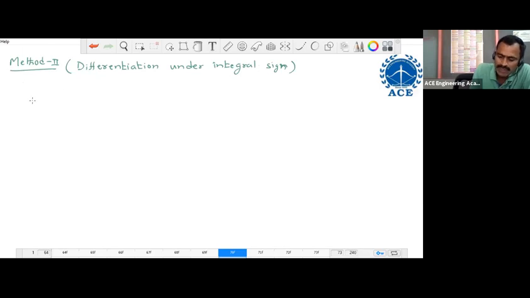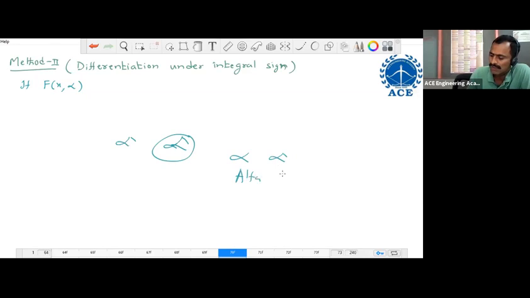First we have the differentiation under integral sign.